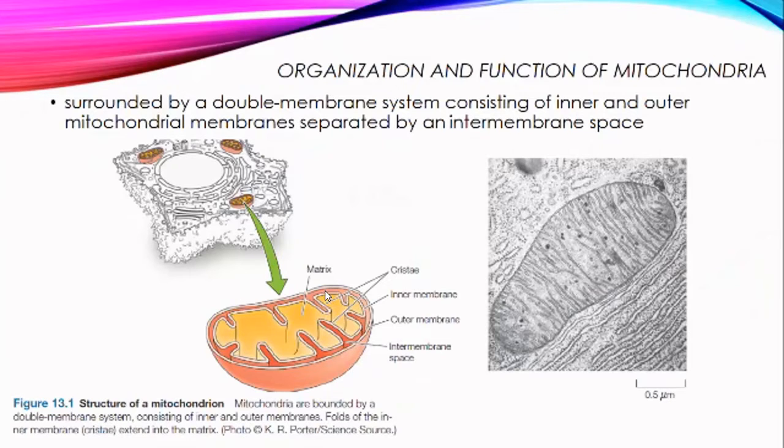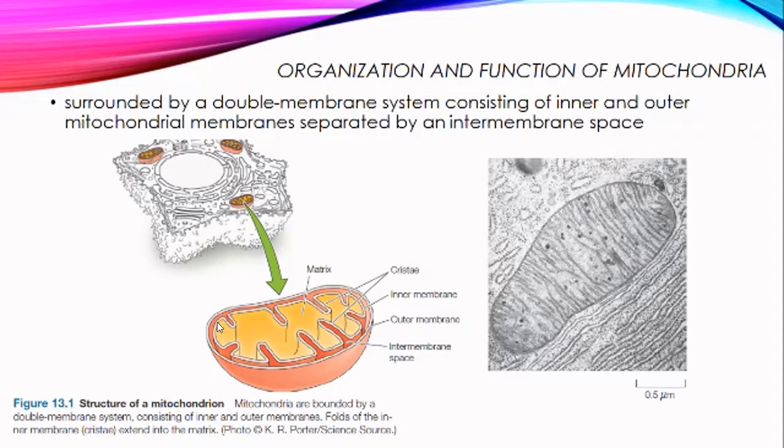So we have here the matrix, the space of the mitochondria, and these are the enfoldings of the inner membrane, and this is the outer membrane of the mitochondria. The enfoldings are called the cristae.